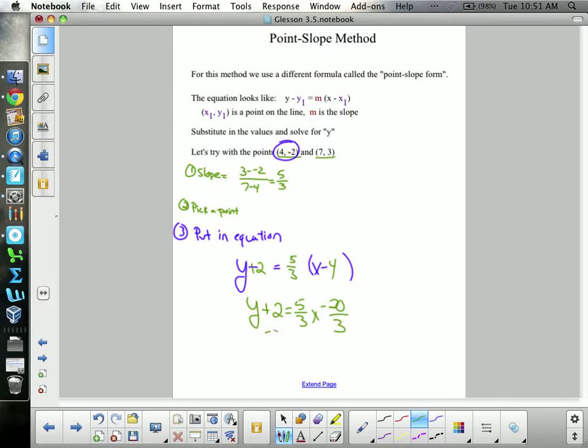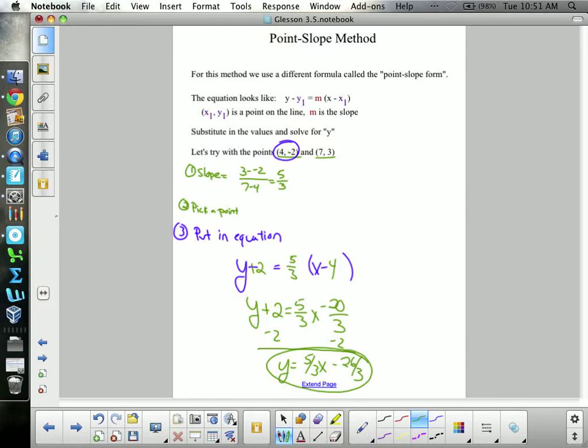And then solve for y, so subtract 2 from each side. So y equals 5/3 x, and minus 20/3 minus 2, which is minus 6/3, is minus 26/3. There you go.